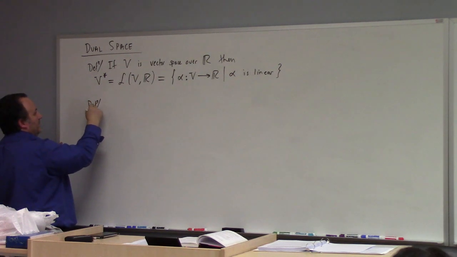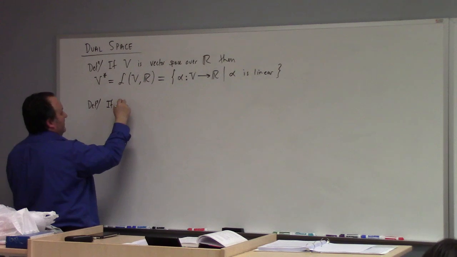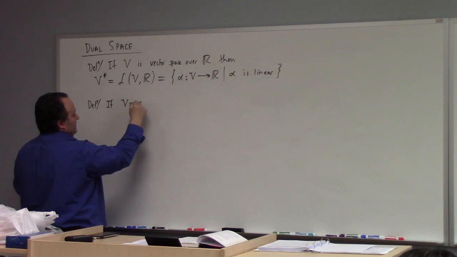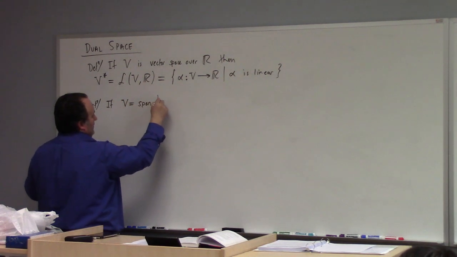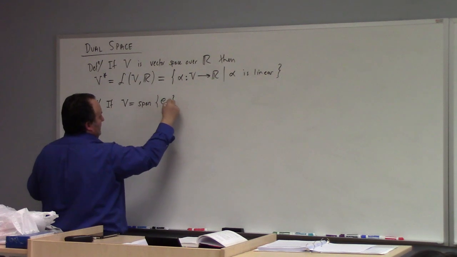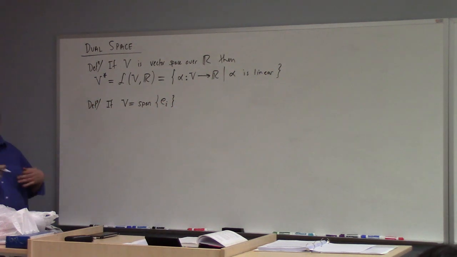Definition. If V is the span of E sub i. By the way, in this lecture, I am not going to be assuming that E sub i is necessarily the standard basis. I'm using E as an abstract basis here. Oftentimes it might be the standard basis, but it doesn't have to be.